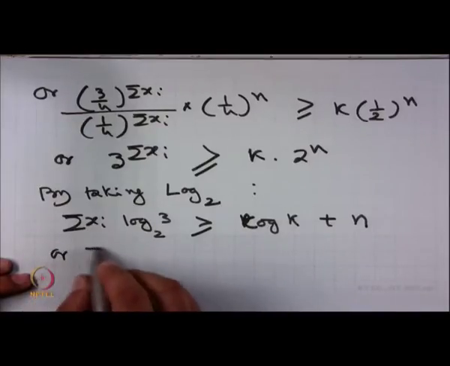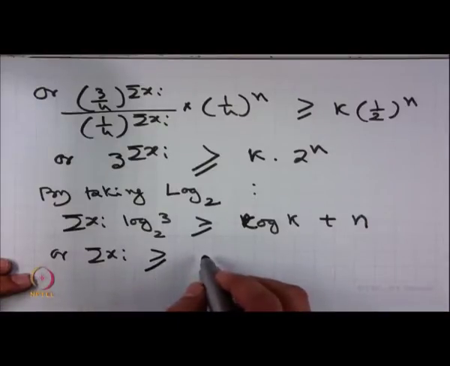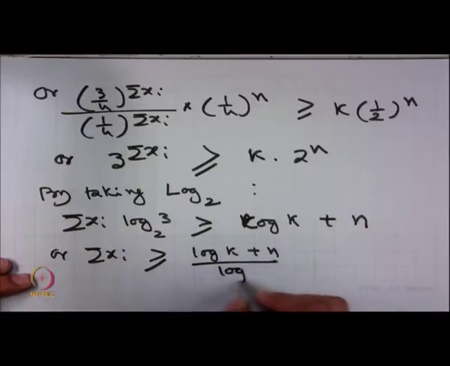or sigma xi is greater than or equal to (log k plus n) upon log(3/2).